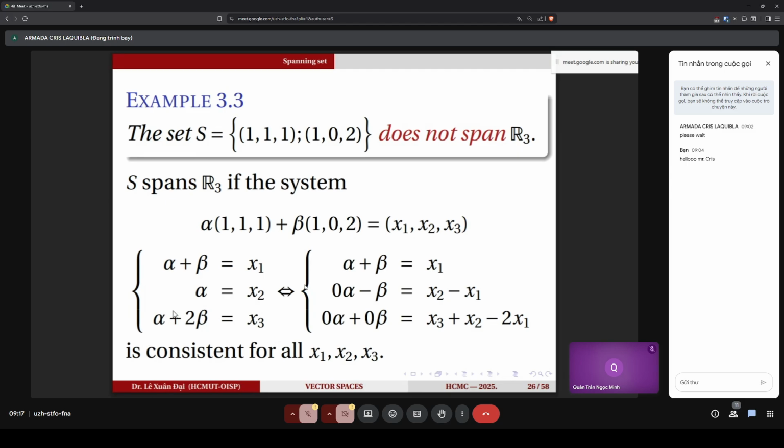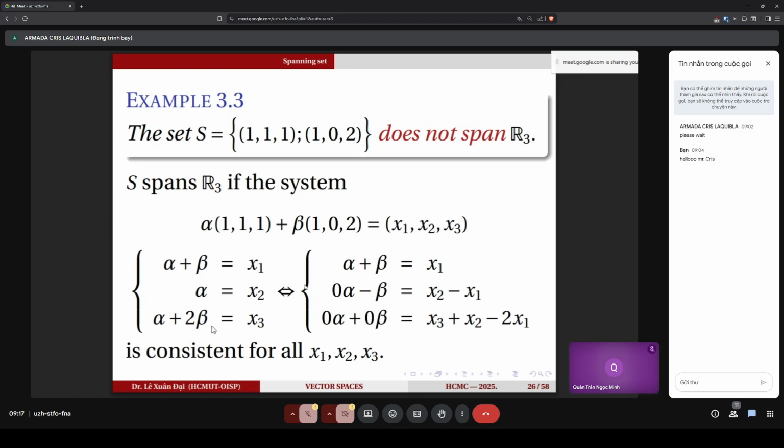And then next is this one here. Alpha plus beta is equal to x1. You multiply them with 2, so 2 alpha plus 2 beta is equal to 2x1. So they are now the same as the lower one. Again, the lower one becomes 2 alpha plus 2 beta, and here we have 2 alpha plus 2 beta equals 2x sub 1.